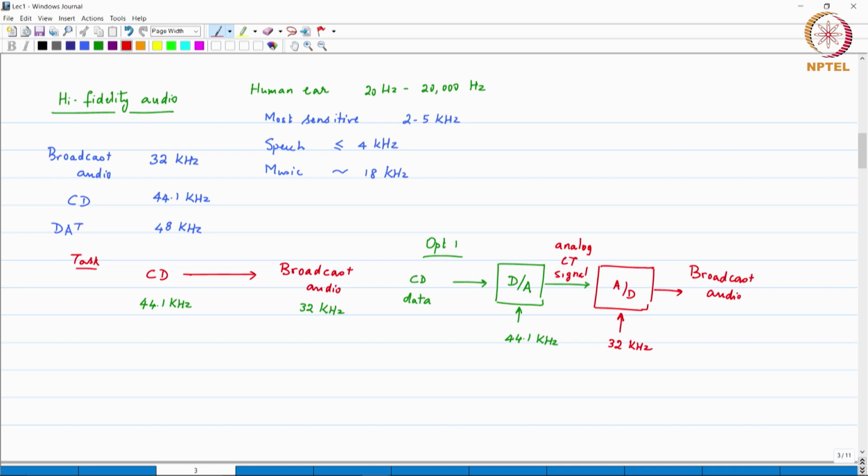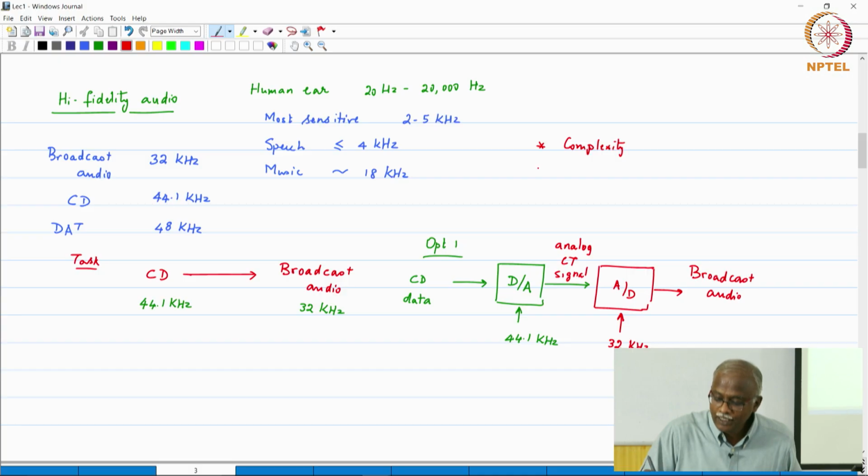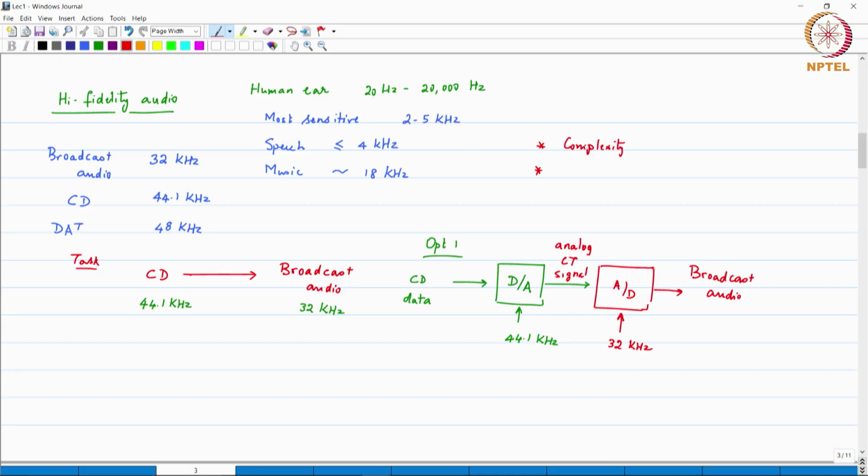Now, notice that anytime there is a conversion from digital to analog and from analog to digital, there is some loss of information and some loss of fidelity. First and foremost, there is some complexity involved, because D2As and A to Ds are running. D2As and A to Ds actually have analog filters in them, so there is complexity and power consumption because you have analog components.